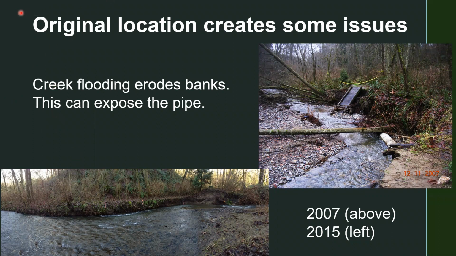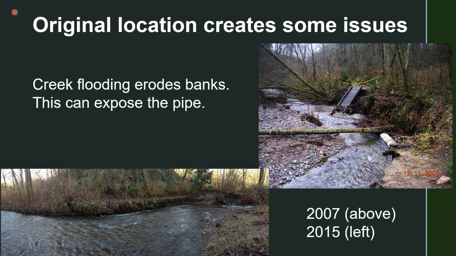And another thing to note, and I called it out on the previous slide, is that over the decades that this pipe has been in service, the development on either side of the valley has led to a lot more water entering the creek during rain events. So rainwater that used to soak into the ground in the forested land above the creek now just runs off and goes straight down into the stream.